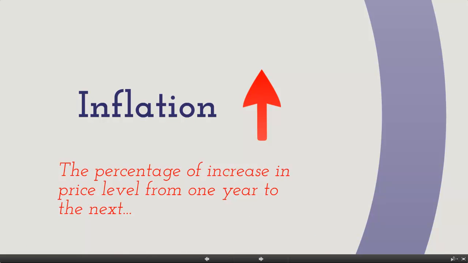Think about things your parents or someone you know says, they always say, when I was younger, that cost $0.25 or that cost $1. The cost of education is on the rise. So, if the average price level increases from one year to the next, that's considered inflation. Historically, we have about 3% inflation every year.